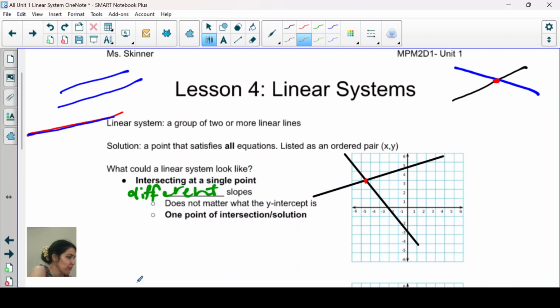They have different y-intercepts. See here, this one has its y-intercept at this point, and the other line has its y-intercept at this point. But they have one point of intersection. They cross each other at the red point.